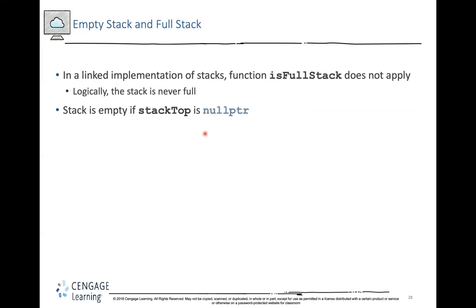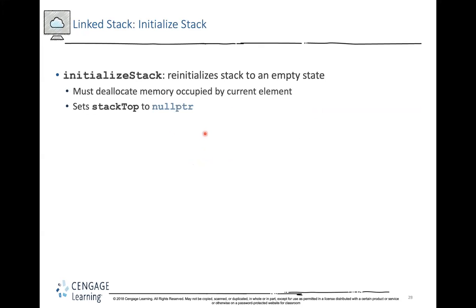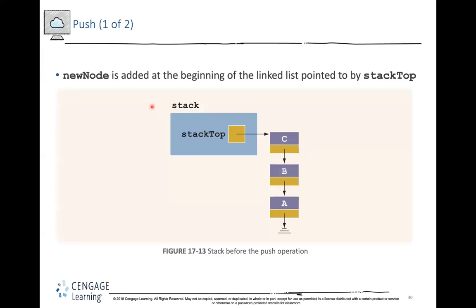Practically speaking, you can grow as much as your memory allows. To initialize a stack to an empty state, you basically deallocate the list if you have anything there, and then you set the stack top to null pointer.